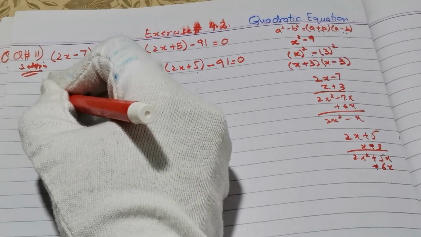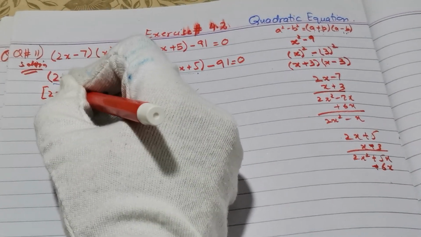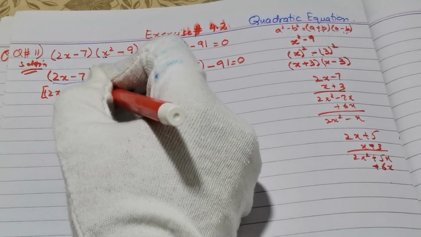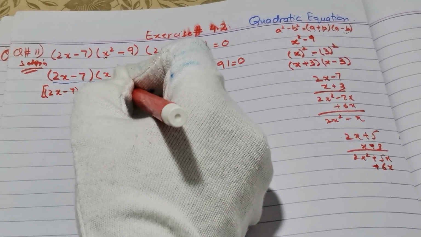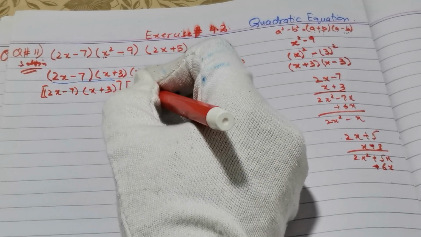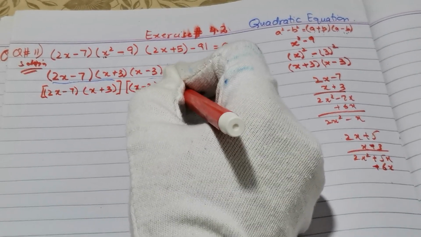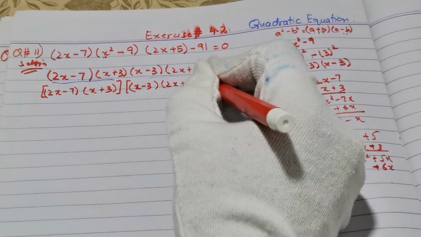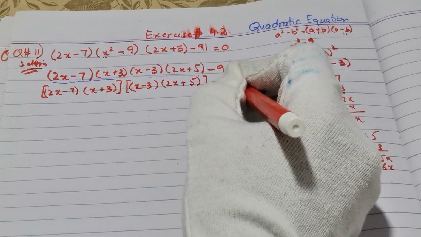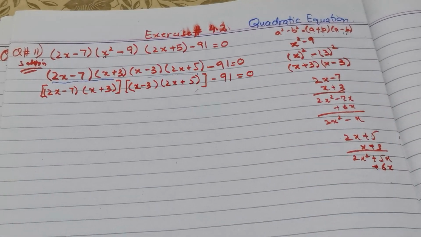So first of all we will make pairs. (2x minus 7) and (x plus 3) is a pair, and the next pair is (x minus 3) into (2x plus 5), minus 91 equal to 0.